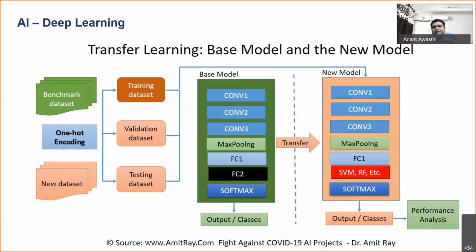Now, there is something called transfer learning also. That is the future of deep learning. We are already in a phase where we are using transfer learning, but still the majority of researchers are using deep learning. So there are some predefined criteria for deep learning, a predefined task. What we used to do, we used to create different kinds of images.